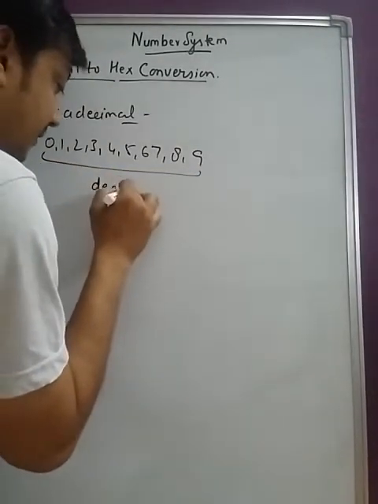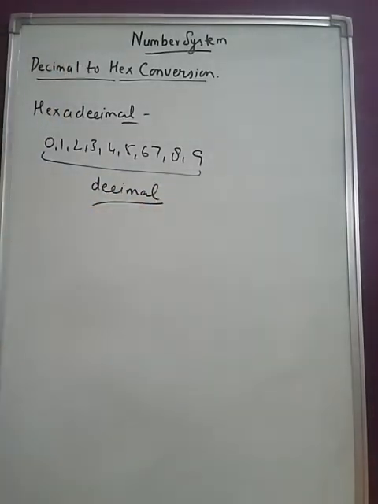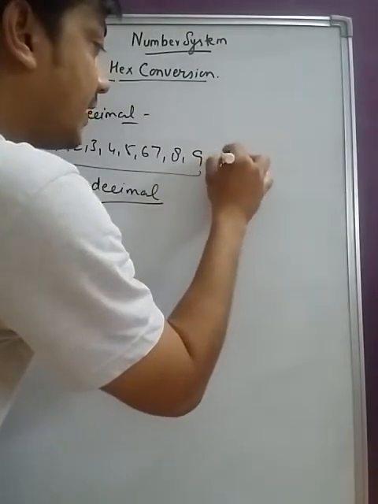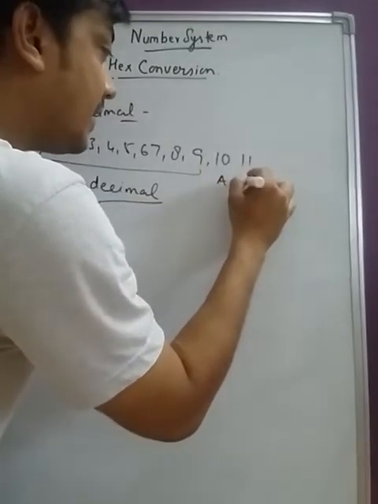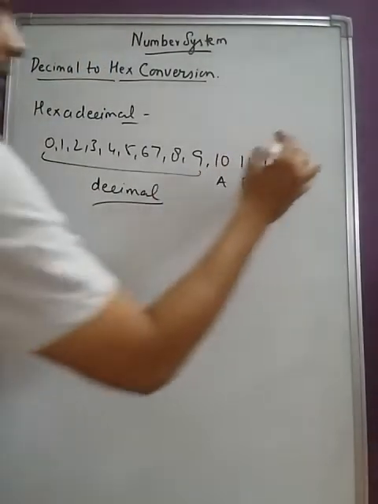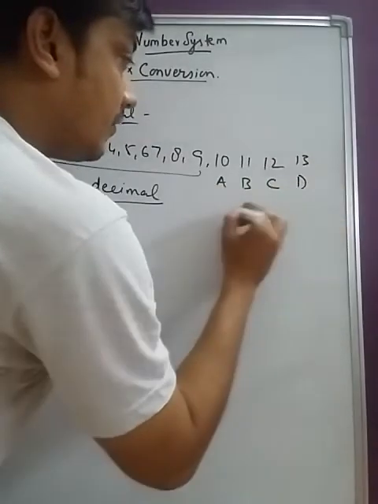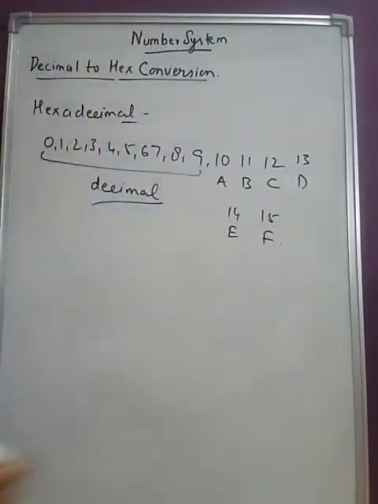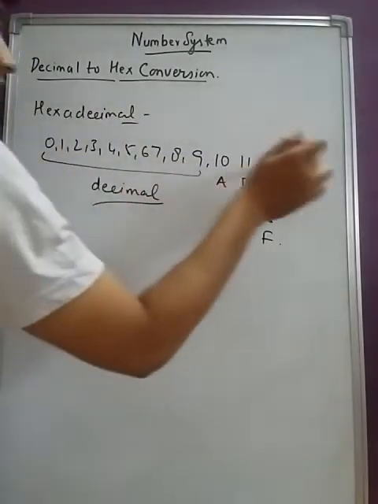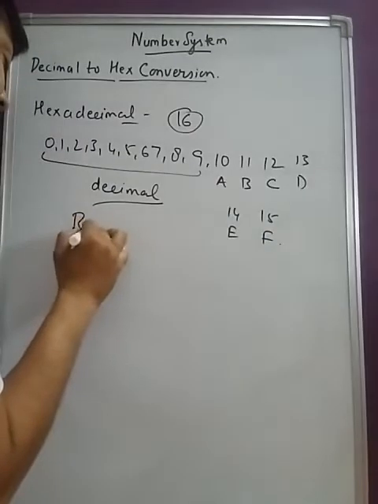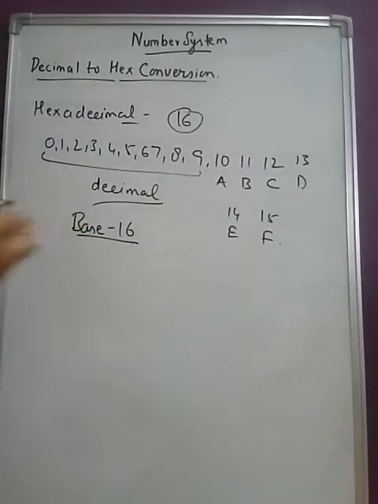But for the hexadecimal group, we have some more symbols: for 10 we have A, for 11 we have B, for 12 we have C, for 13 we have D, for 14 we have E, and for 15 we have F. So when you count the number of symbols, it is 16. So I have told you that the base of hexadecimal is 16.